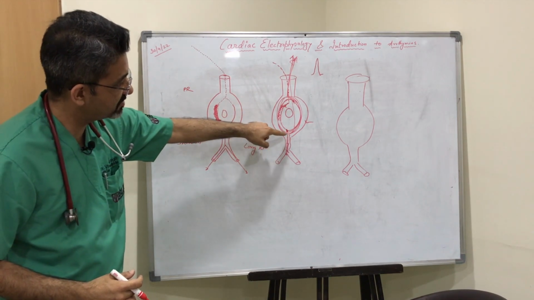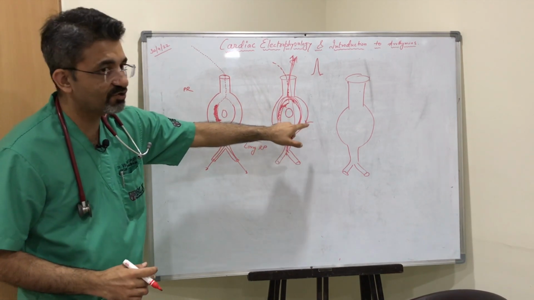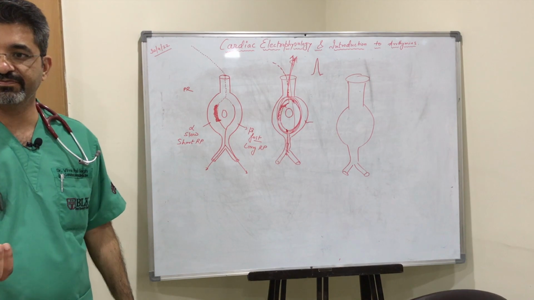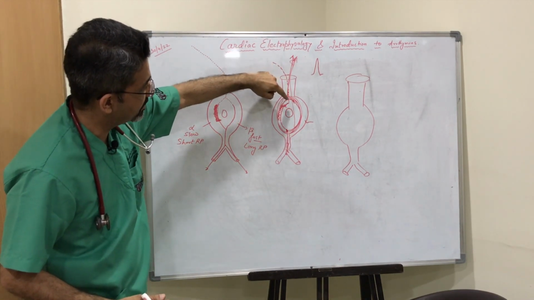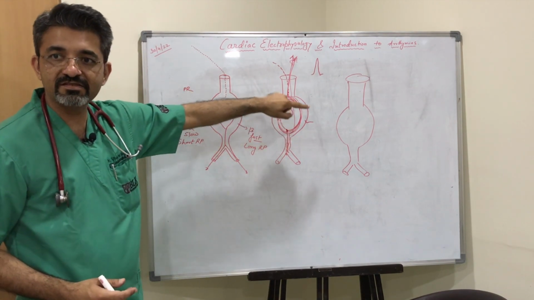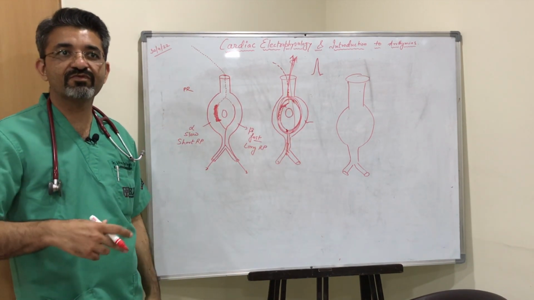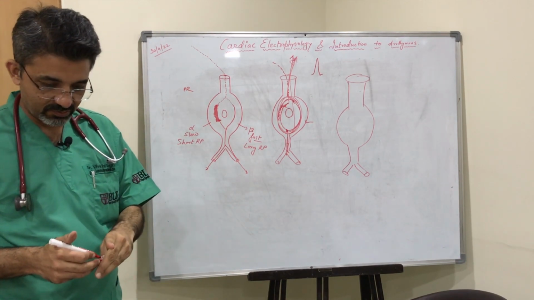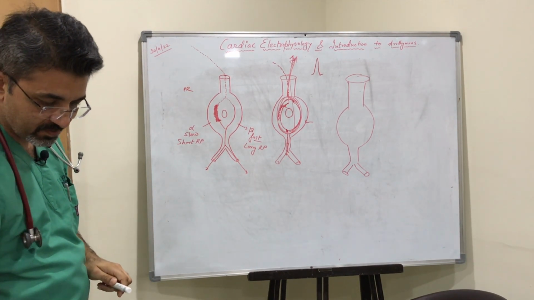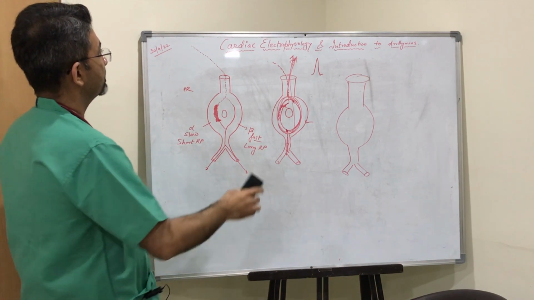By the time it reaches down, the fast pathway would have recovered from its refractory period. This impulse will go up into the atria, and again it will pass through this circle, and this loop will start into a vicious cycle, and SVT will start, right? So this is how you understand a reentrant circuit.